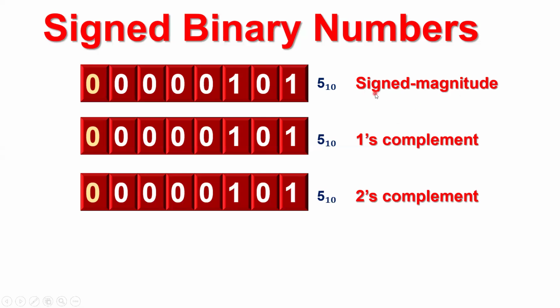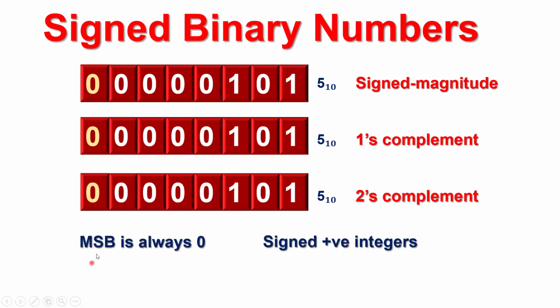Three forms: signed magnitude, ones complement, and two's complement. We'll see how negative 5 will be represented. Before that, we note the MSB is always 0, telling us these are positive ways of representing the same number, that is decimal 5, and these are all signed positive integers, signed positive 5 in decimal.